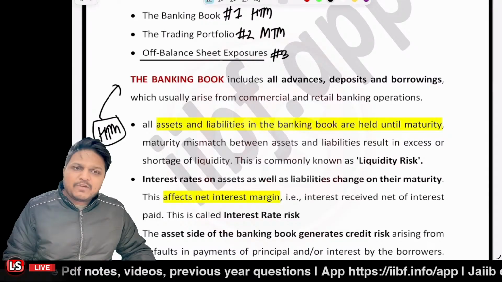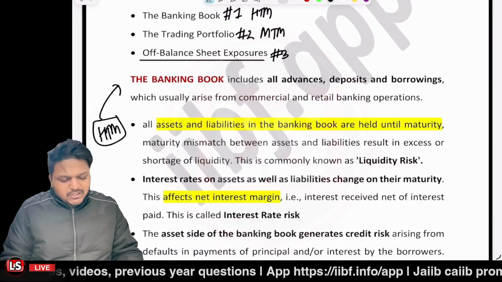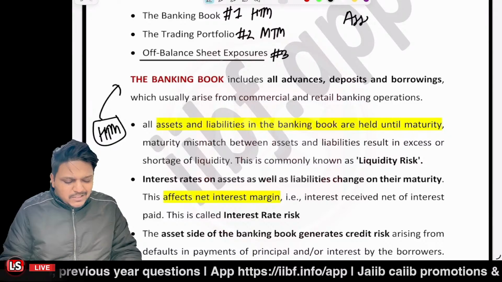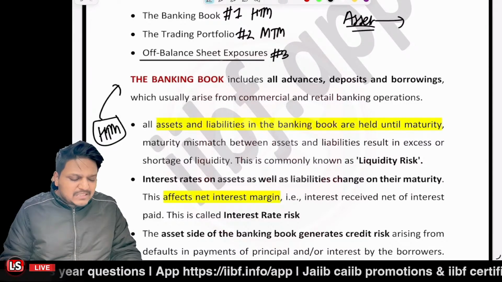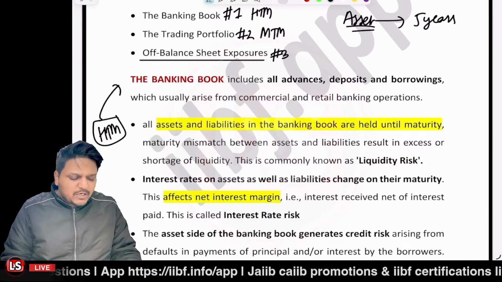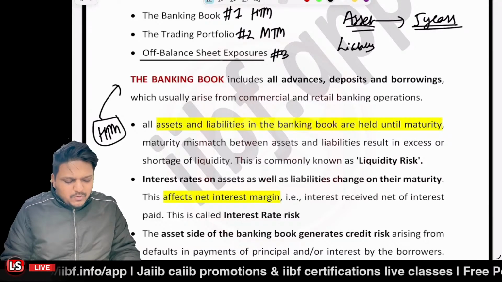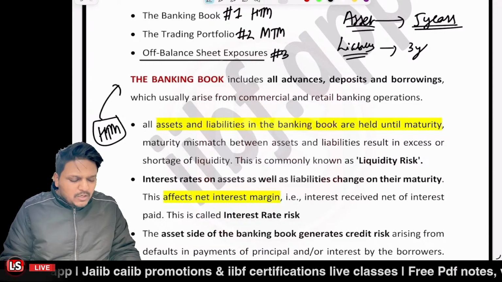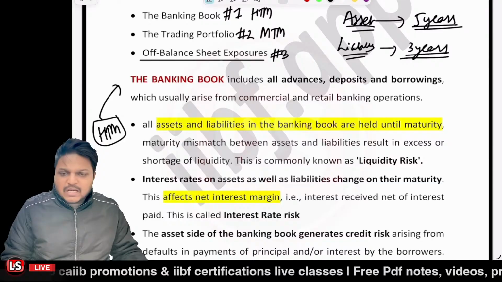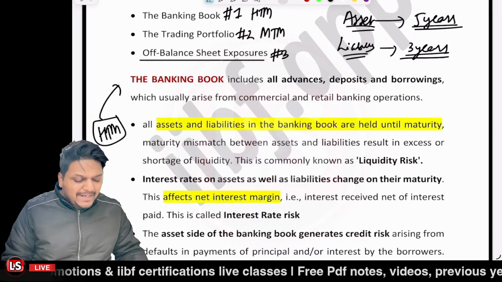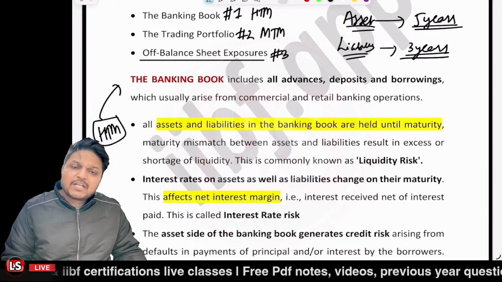In the very first video, I gave you an example. You're having an asset that is a loan for a term of, let's say, 5 years, where 1 year moratorium was there, right? And you're having your liability of the same amount for 3 years only. Now, after the 3 years, you have to replace the net cash outflows.